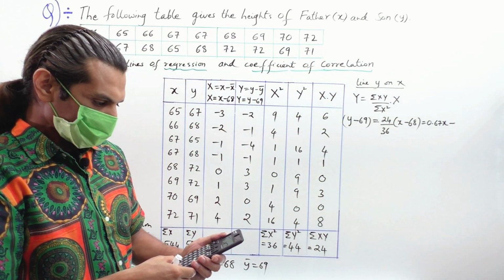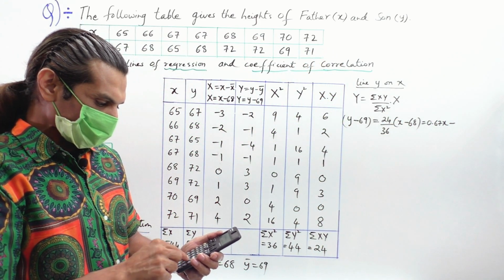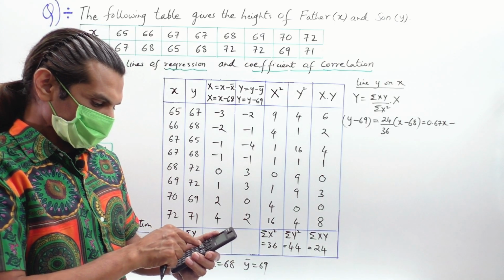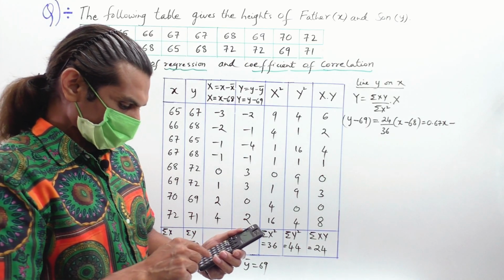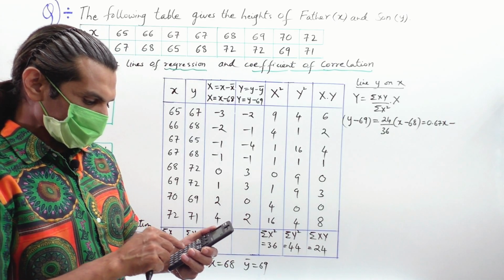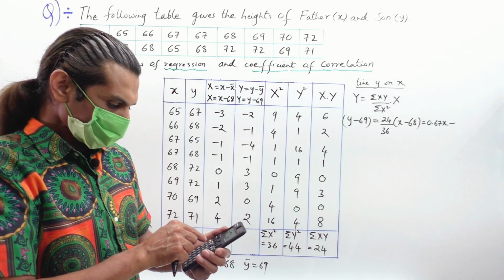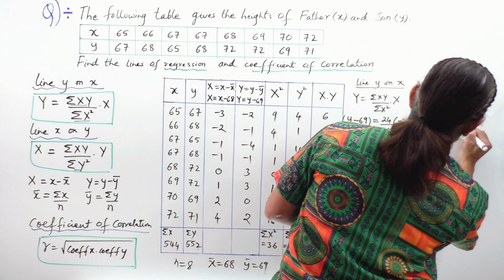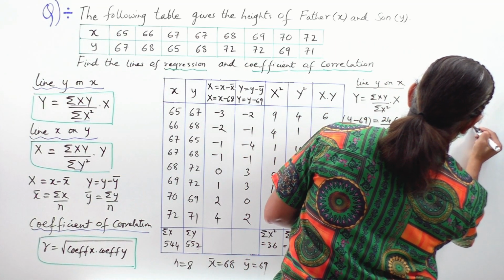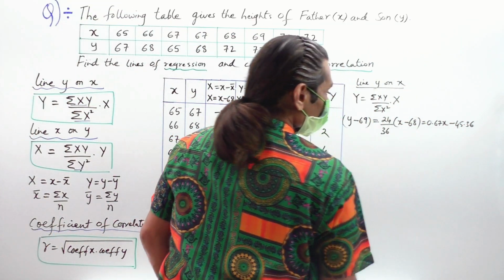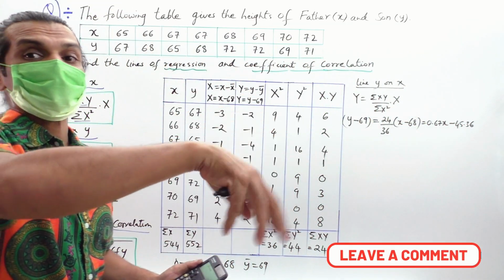So that is 0.667 into 68 is equal to 45.36.